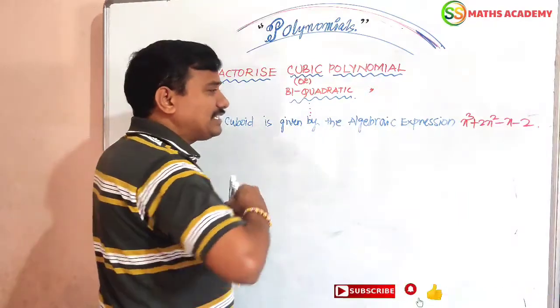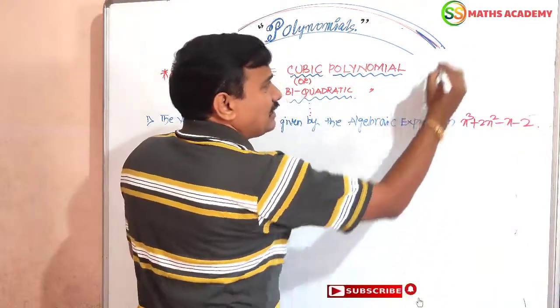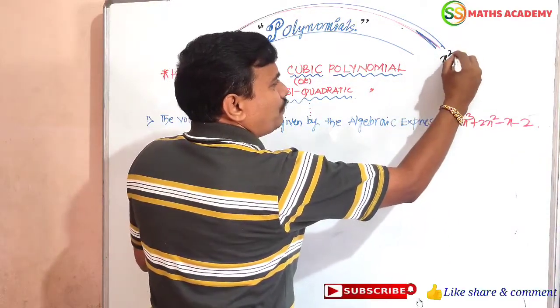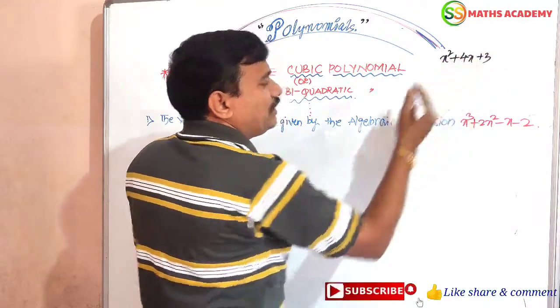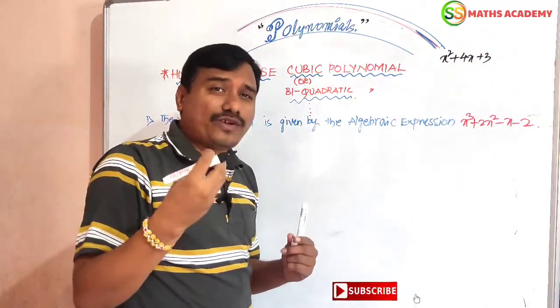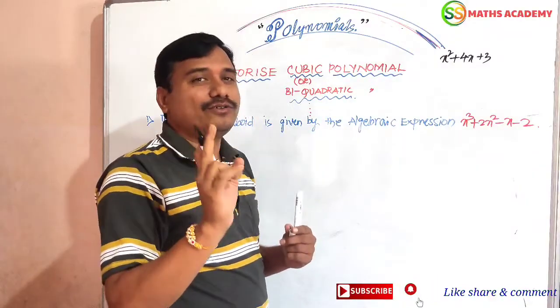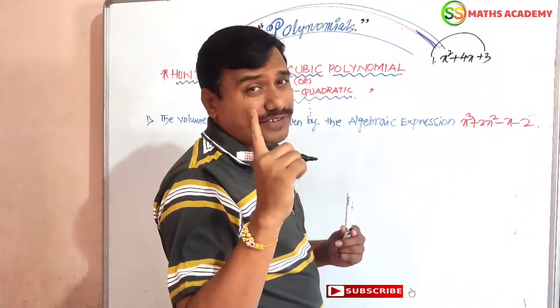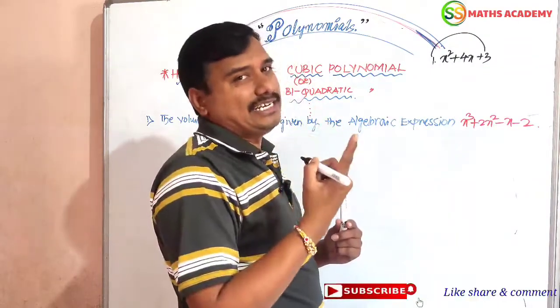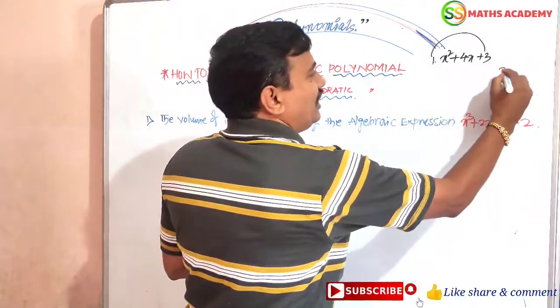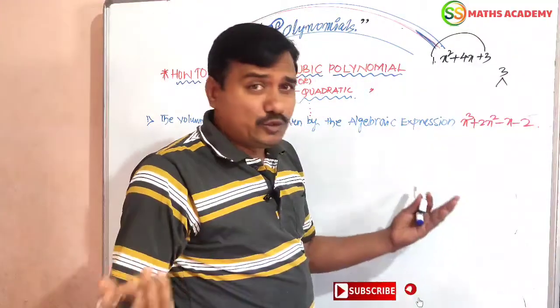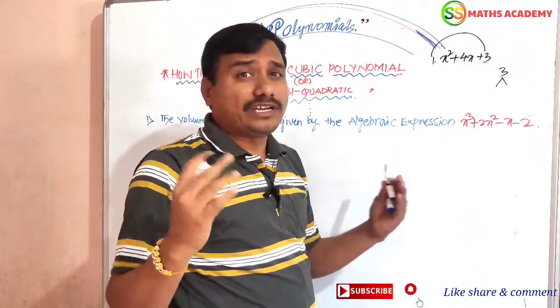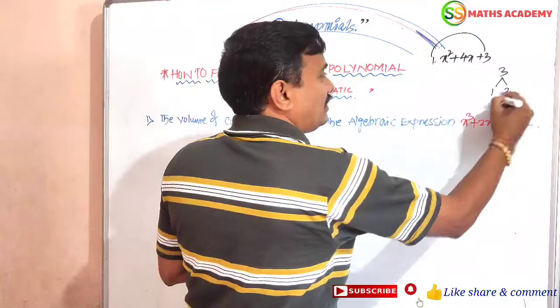Now let us take one example here: x square plus 4x plus 3. You have to factorize, you have to find the roots. We follow the splitting process. The process is 1 into coefficient of x square into constant term. 1 into 3, nothing but 3. 3 is a prime number, so it has two factors, 1 and itself, nothing but 1, 3.